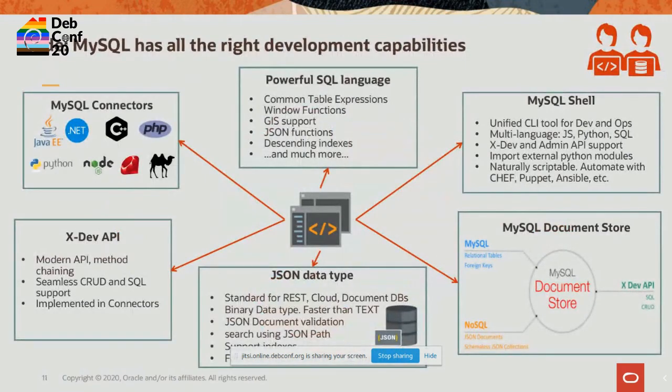From the point of view of code, MySQL is pretty much omnicomprehensive because it goes from a powerful SQL language to integration with CRUD operations for NoSQL access to data using the JSON data type, and automating the coding operations and testing with APIs which have been embedded in connectors and in tools like MySQL Shell.